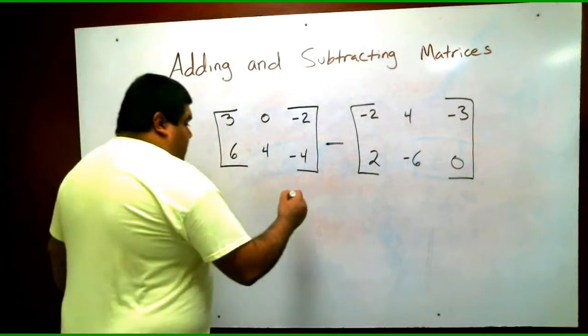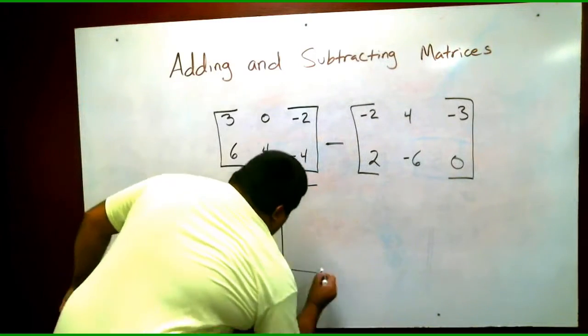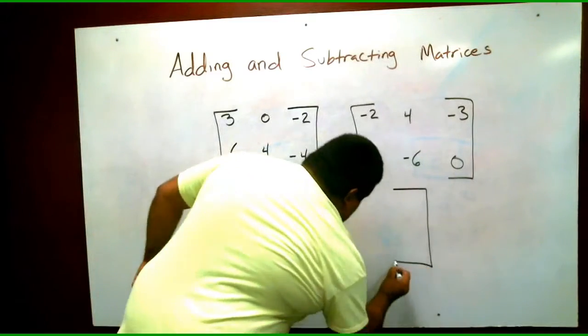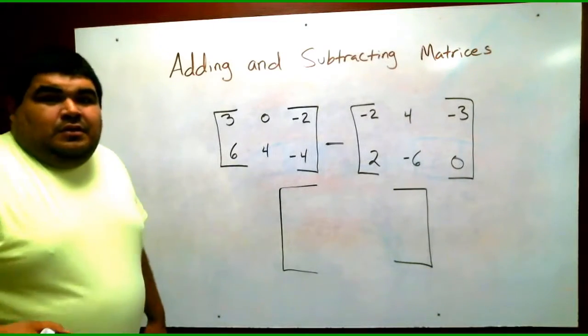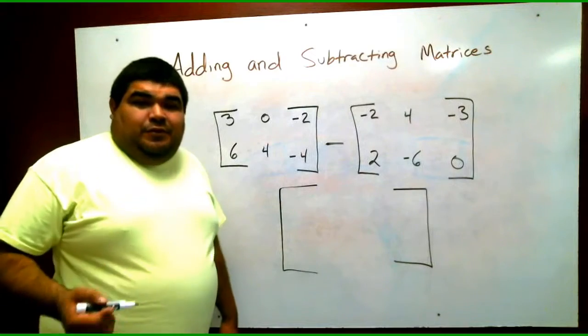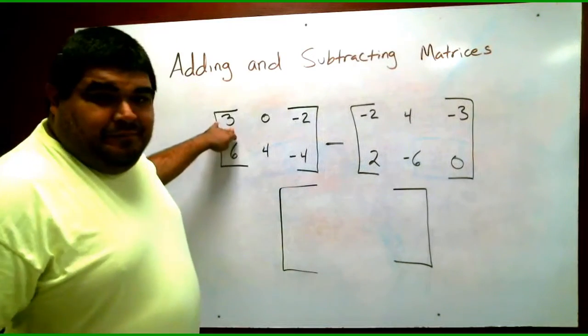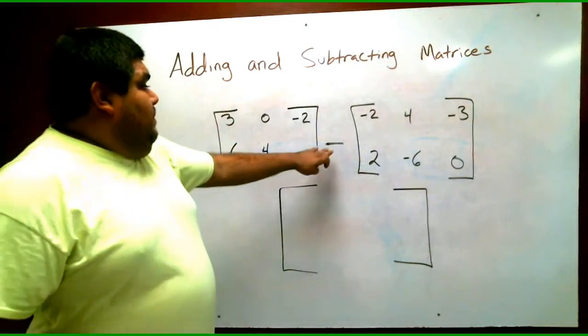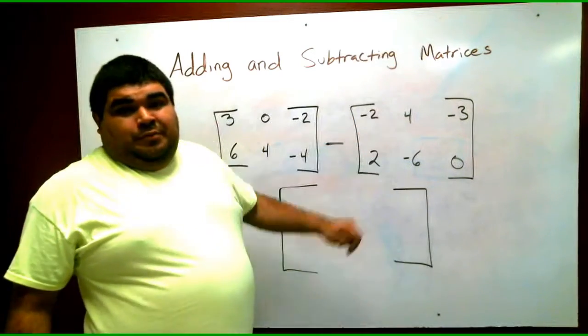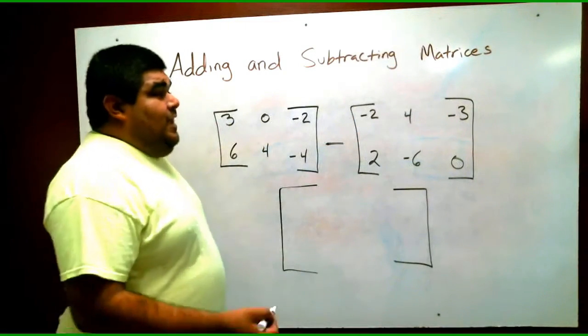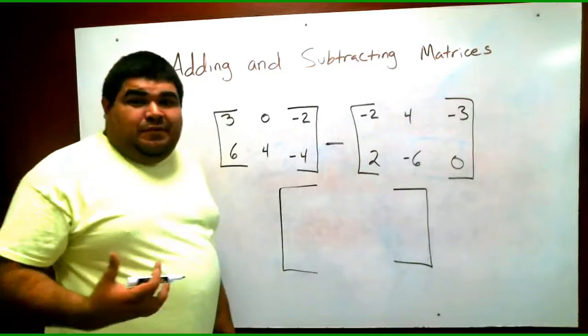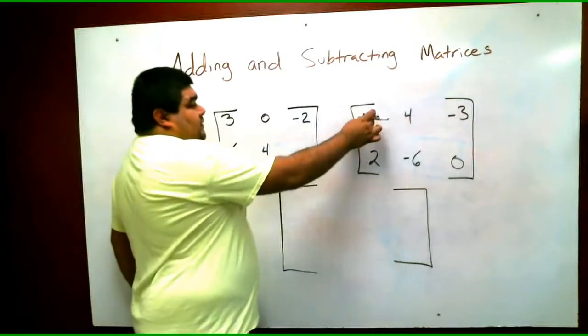Okay, so let's do our matrix down here. Let's start by combining our first one, which we have 3 minus a negative 2. Notice that right off the bat we have 2 negatives.